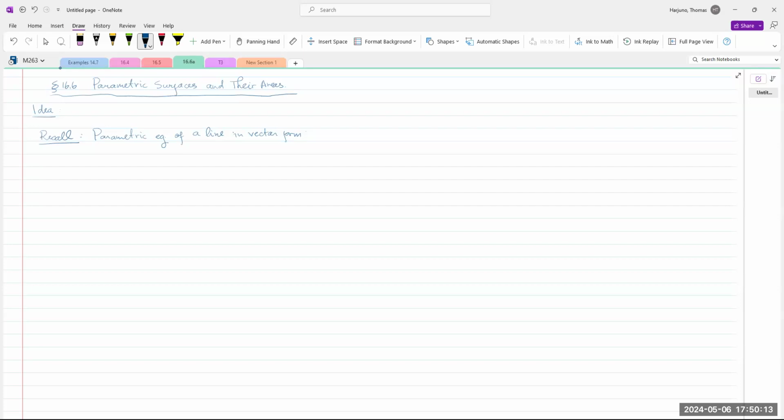r(t) equals r naught, that's the point contained in the line, plus t times r1, where r1 is the direction vector. Then depending on what your t is, that's how long you extend your r1, right?